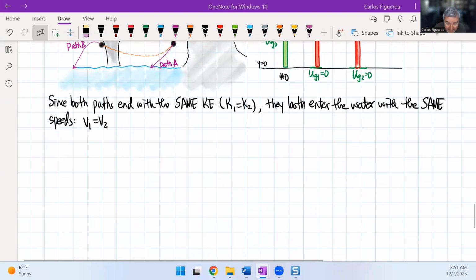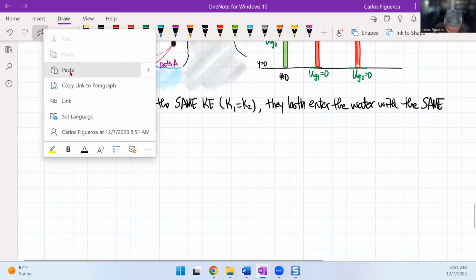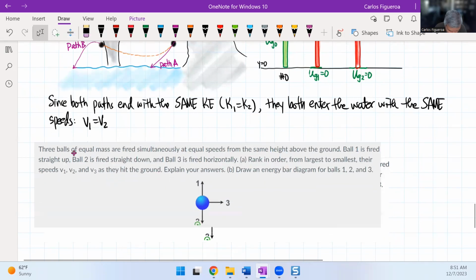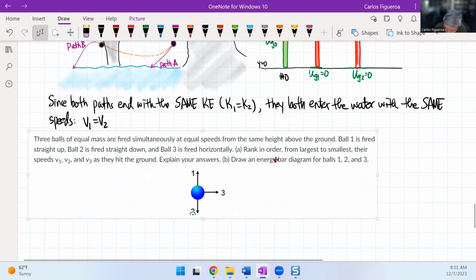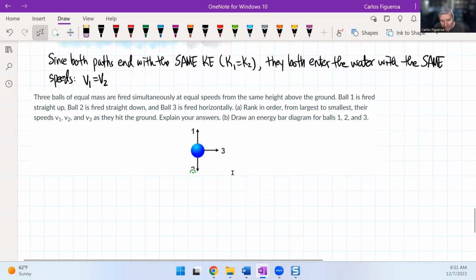Here, let me go get this other one. I'm going to paste this. This is one of the questions from one of the energy PLCs, and it's a really good question. It's an easy one to get incorrect.